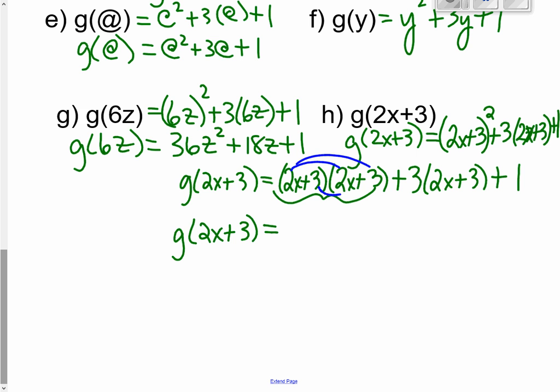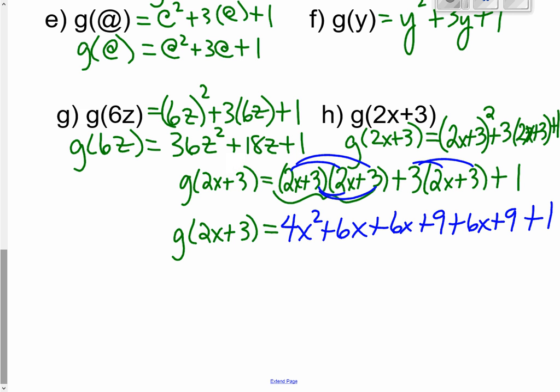So multiply my first term by both terms in the brackets, and I get 4x squared plus 6x plus 6x plus 9. Then I'm going to multiply this 3 inside my bracket, so plus 6x plus 9, and then I have this plus 1.